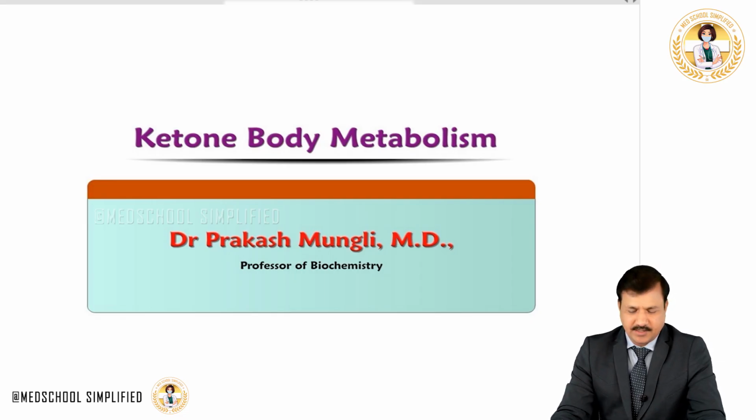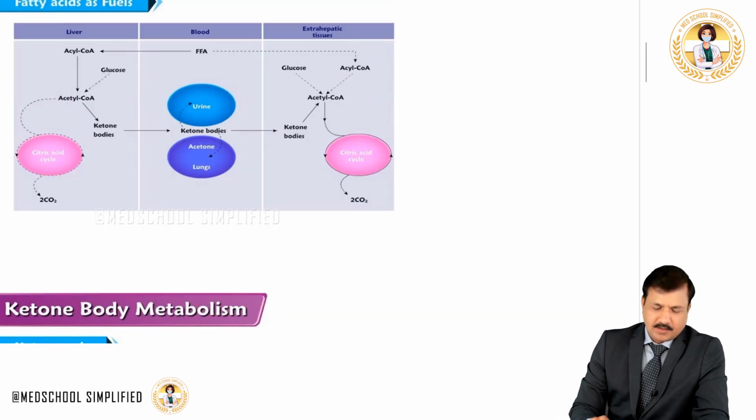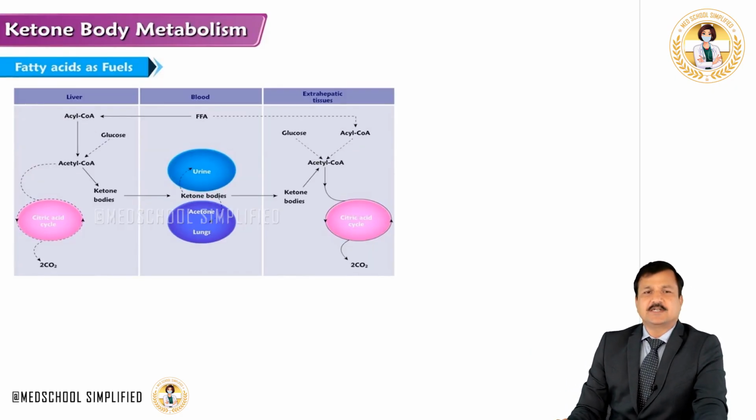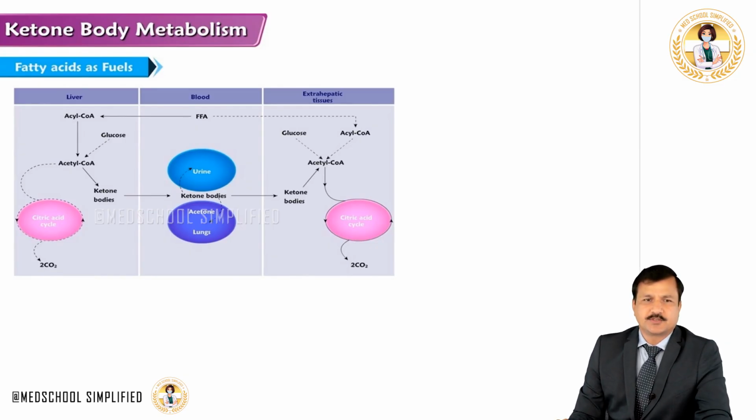Now as in the figure, whenever fatty acids are coming out of adipose tissue, especially during fasting and starvation, the free fatty acids are flooding into the blood, carried to peripheral tissues and also the liver.